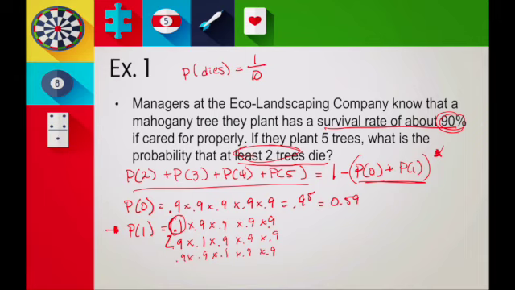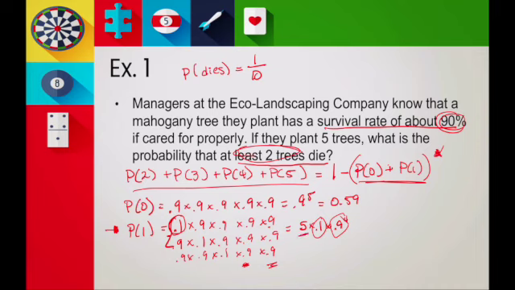And hopefully you can see you could also do this for the 4th tree and the 5th tree. So what happens is you end up with 5 times 0.1 times 0.9 to the 4th. Right? 1 tree dies, 4 trees live, 5 ways that could happen.